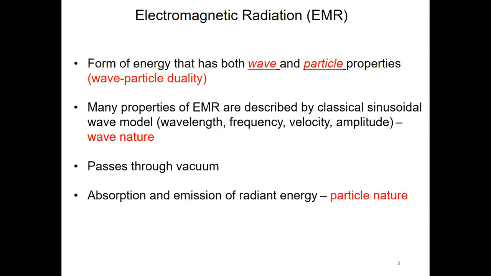And it can pass through a vacuum, and this electromagnetic radiation can absorb and emit radiant energy. You know that in absorption spectroscopy it can absorb radiation, and in fluorescence it can emit radiation.